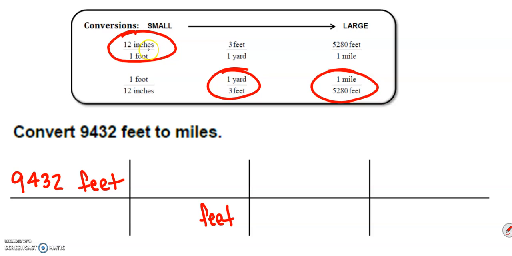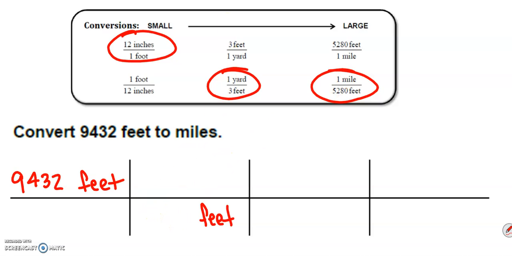I'm trying to go to a mile, and a mile is a lot bigger. Now I'm going to look at this one, a yard. If I get a yard, is there a way I can go from a yard to a mile? No, not really. But this one right here has a mile on top. That's exactly the one that I need. So I'm going to copy this exactly like how it's written right here, and I'm going to put it in here.